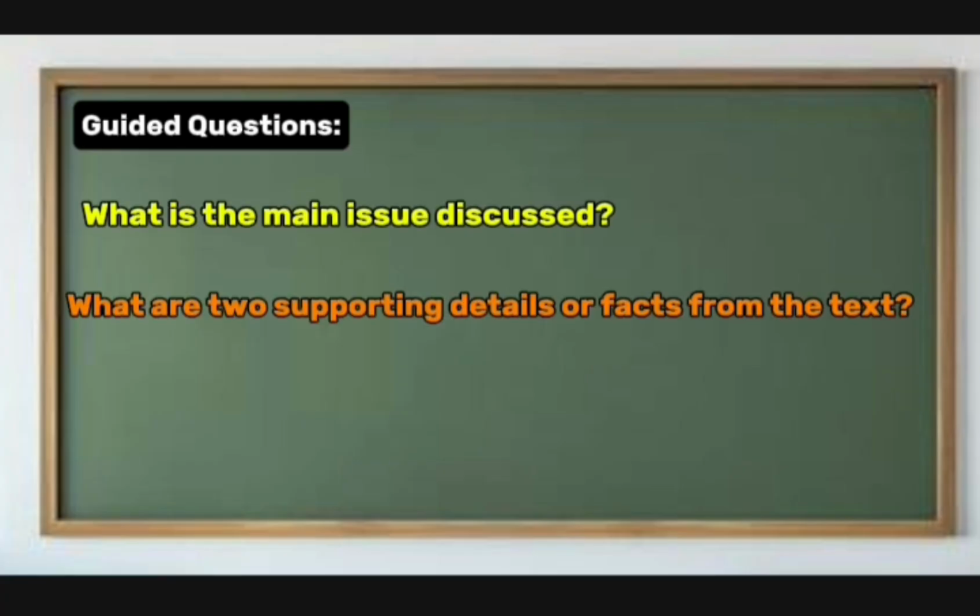Now, let's try to answer some guided questions. First, what is the main issue discussed? Yes, exactly. The main issue being discussed is plastic pollution. Plastic pollution severely affects marine ecosystems and coastal communities.